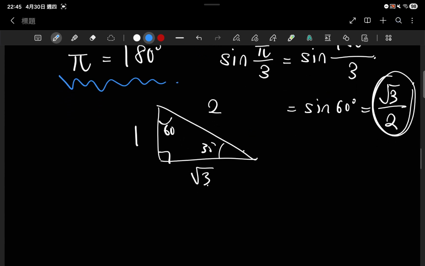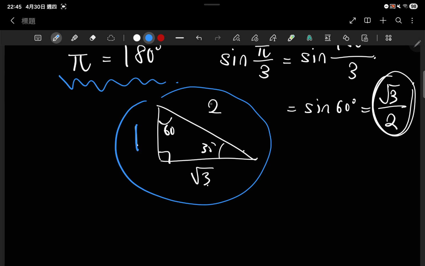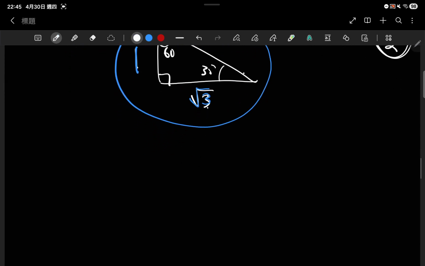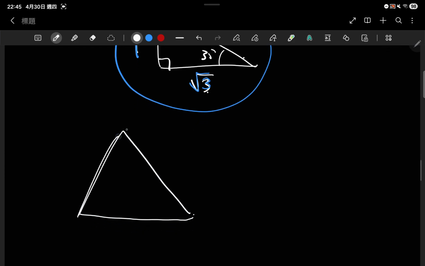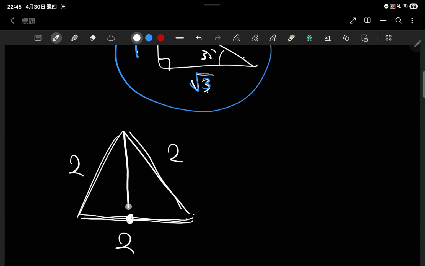If you have any question, why is this triangle 1, 2, and root 3? If there is an equilateral triangle here, maybe we just say every side is 2, 2, 2. We find the middle point of one side here, and we draw a line here, and this is 90 degree, and this is 1.